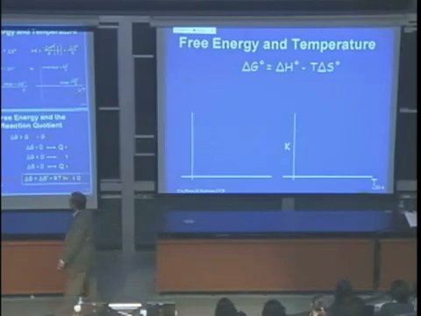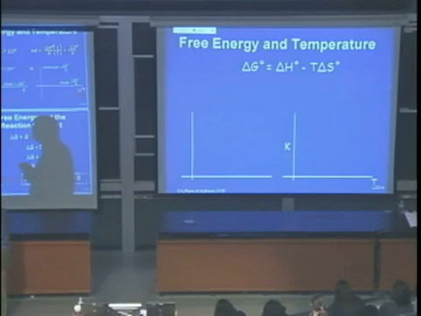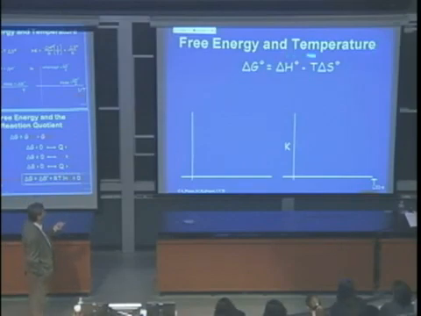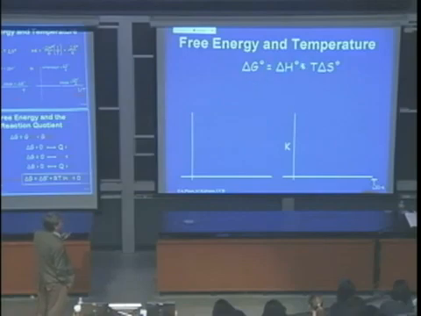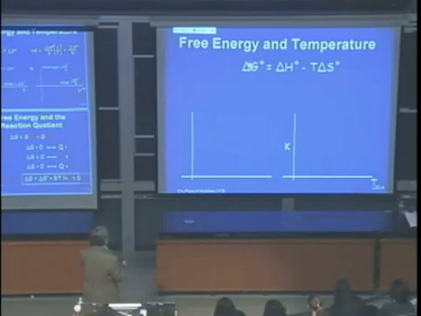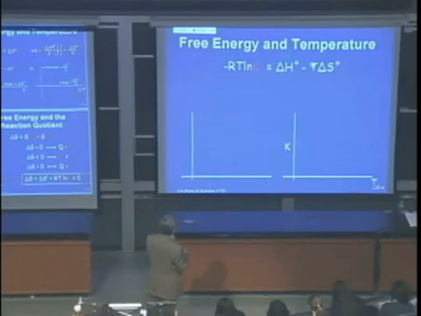But we also said here that delta G naught is minus RT ln K. So now we can combine this, and we can connect K with delta H and delta S, and T times delta S. Let's do that. Minus RT ln K is now delta H naught minus T times delta S naught.